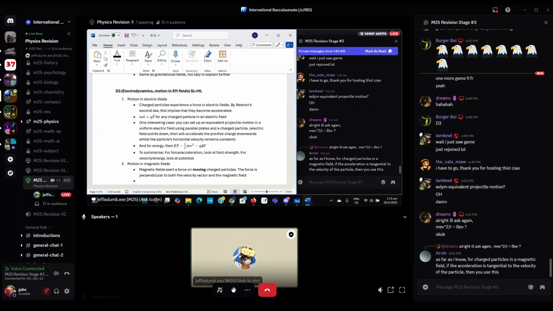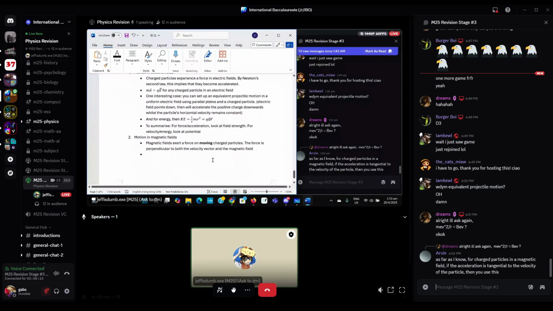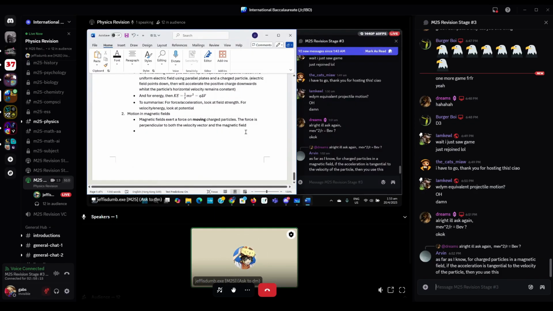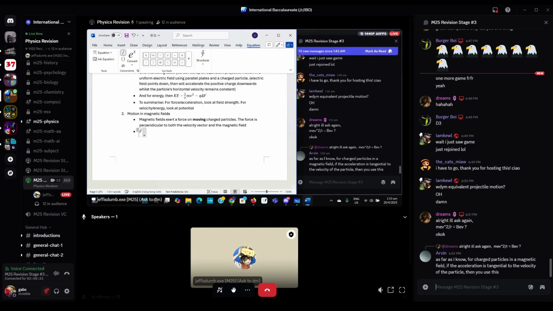And so, Dreams, you're right in saying that, yes, in the case of perpendicular, naively, we'll say that F equals QVB if the velocity vector is perpendicular to the B field, which is most cases.